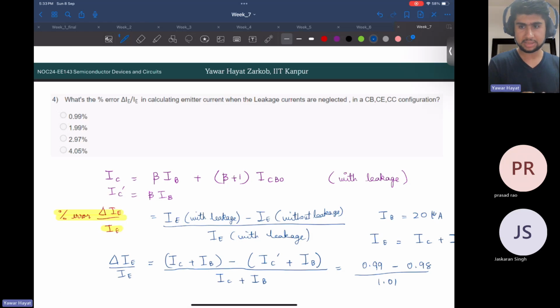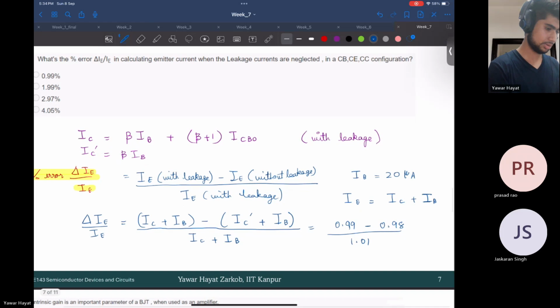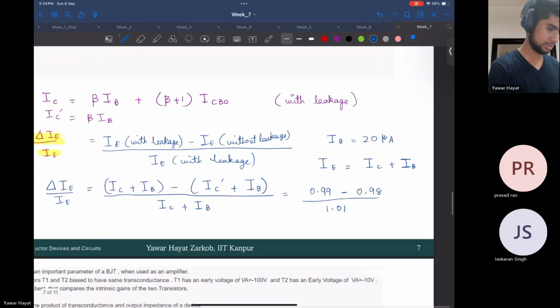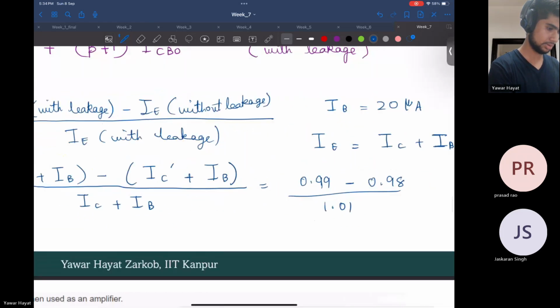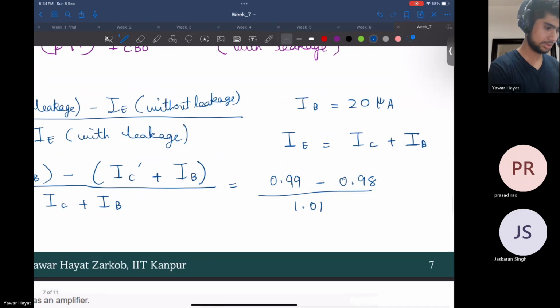We'll compare the cases with and without leakage. Okay, fine. 0.99 minus 0.98 whole divided by 1.01. Fine.